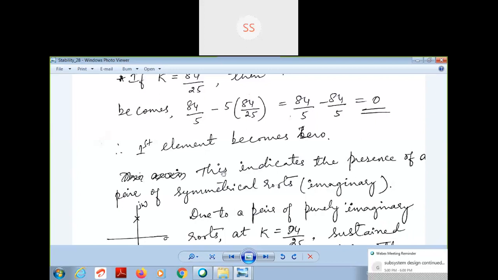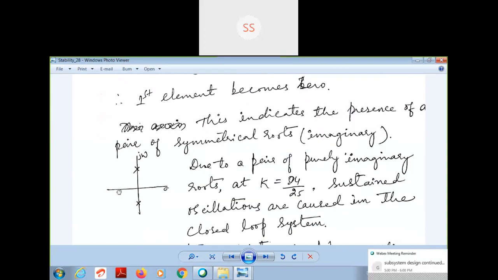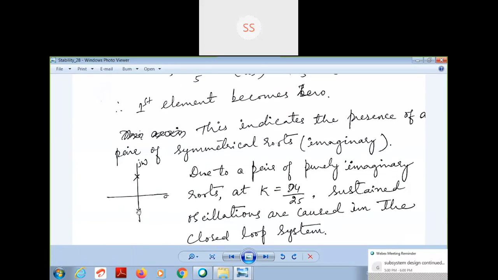When this happens, the roots which were earlier present on the LHS gradually tend towards this axis and will be symmetrical in nature, located on the j omega axis.